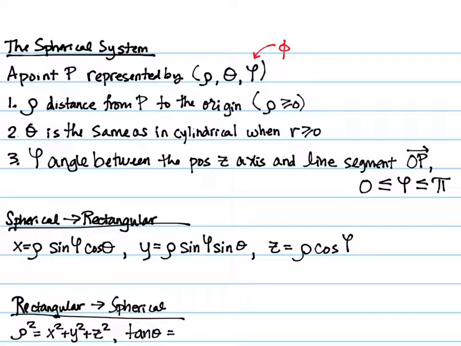Tangent theta is y over x. That should look familiar. And then phi is the arc cosine of z over the square root of x squared plus y squared plus z squared.